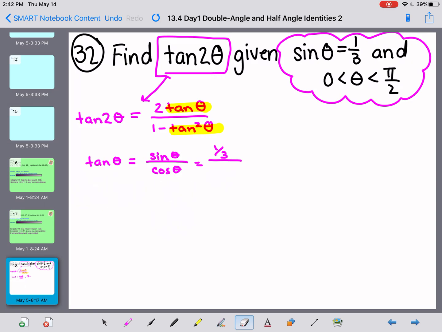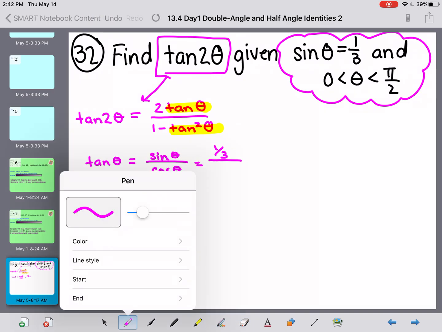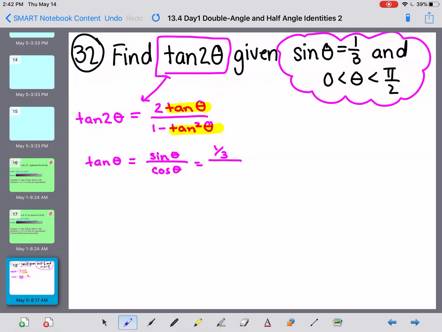So in order to use this formula, I need to figure out what cosine theta is. How do I figure out what cosine theta is? I'm going to use the cosine squared formula from the Pythagorean identity. So I rearrange the first Pythagorean identity to get this.